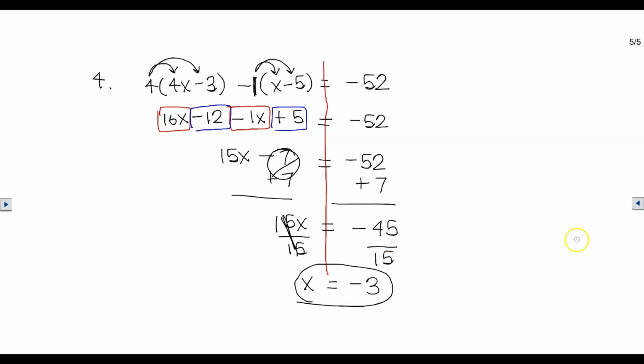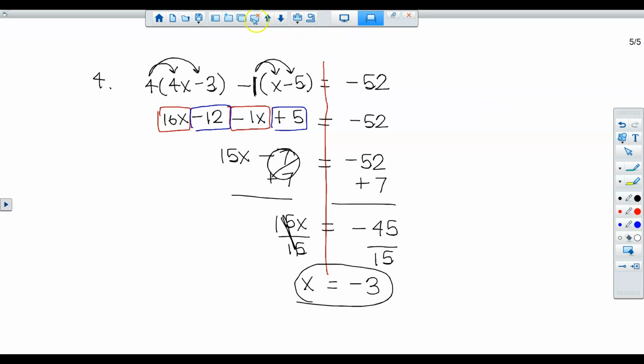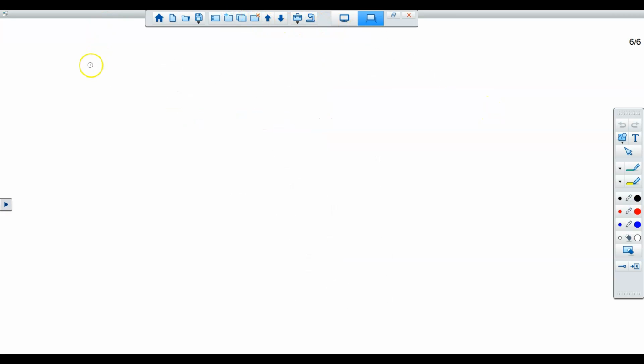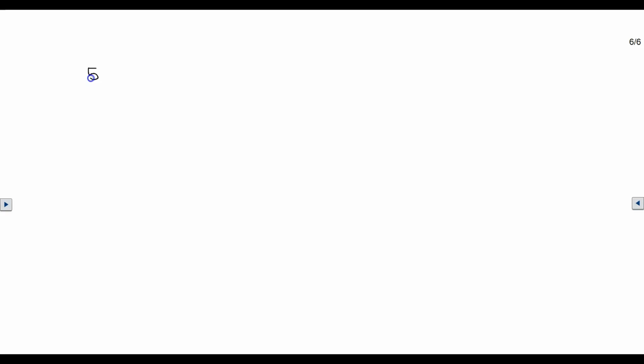So you'll notice the further we go into this, the more of those steps you're having to do. All right, just a few more problems here to practice for your test.